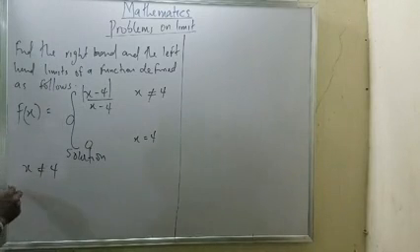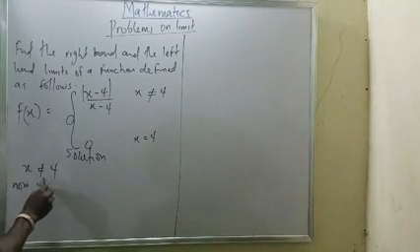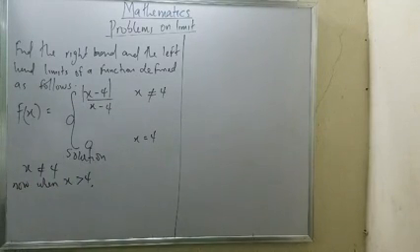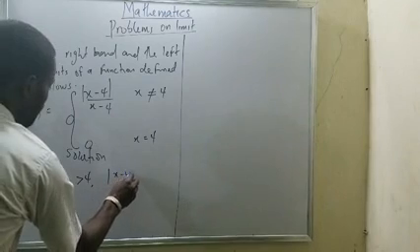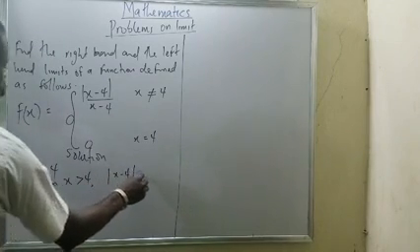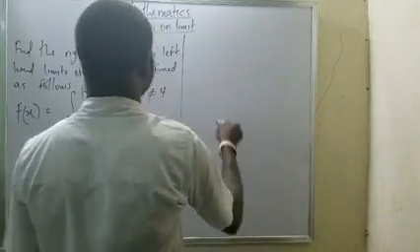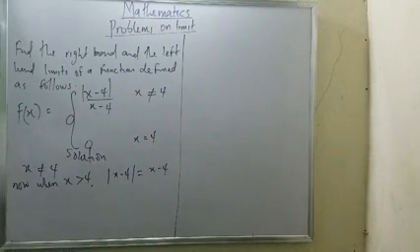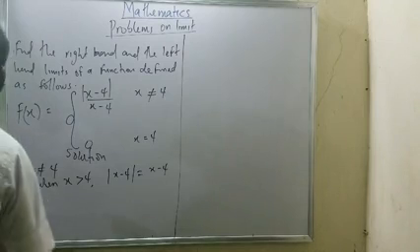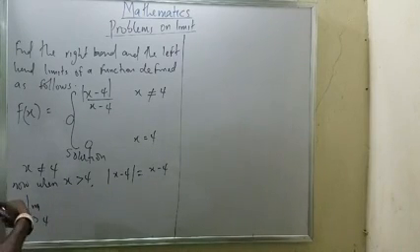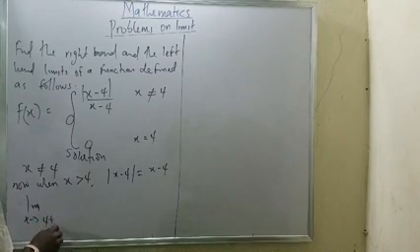Now, the first one: when my x is greater than 4, the absolute value of x minus 4 will be equal to x minus 4. When we talk about absolute value of a particular function, I think I've explained that in a previous video. Since I have that, I can have the limit of x tends to 4 plus, let me just use the word 4 plus, is 0.